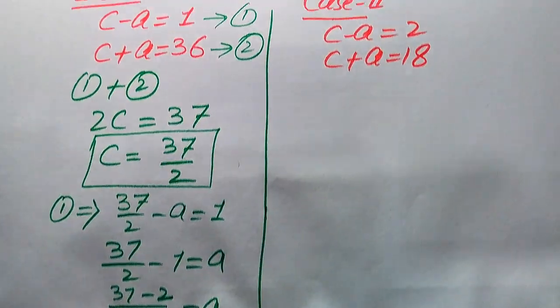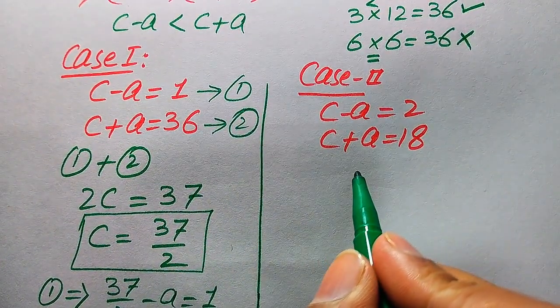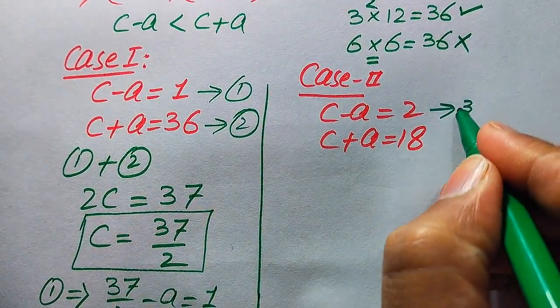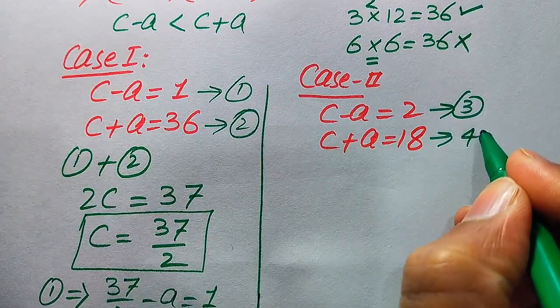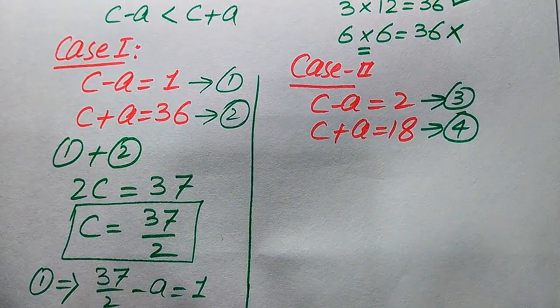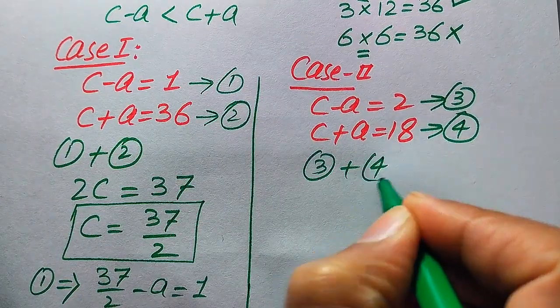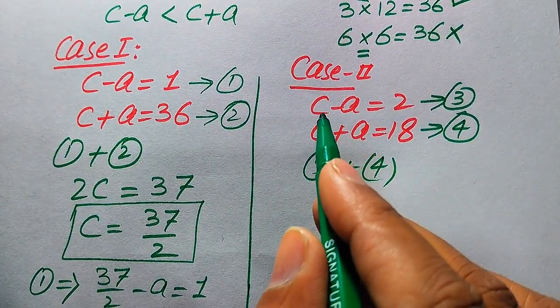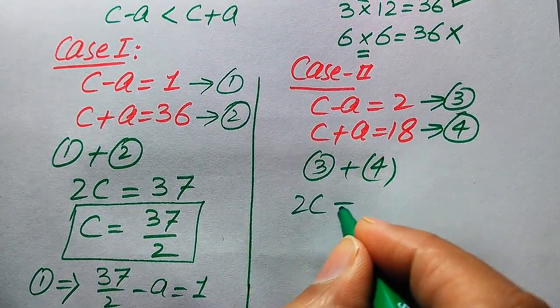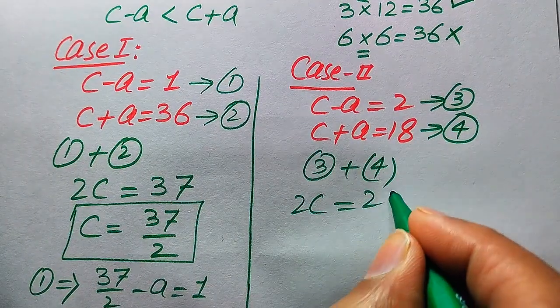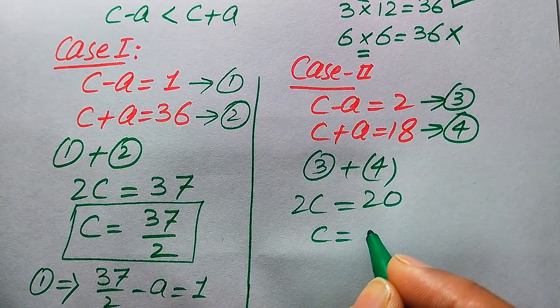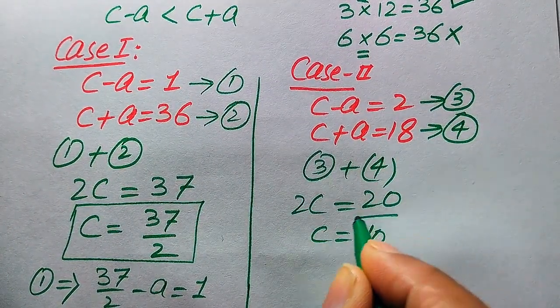Further, in the next step, we call this equation number 3 and this equation number 4. So here we again add equation number 3 and equation number 4. When we add these two equations, you see c plus c becomes 2c equals 18 plus 2 becomes 20, and we get the value of c equals 10.